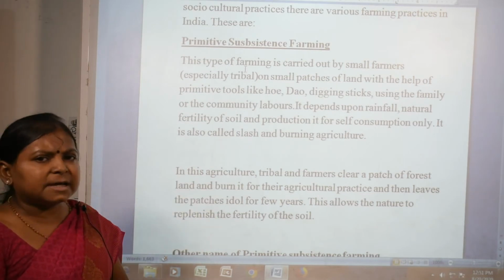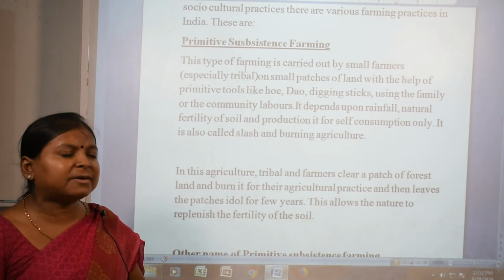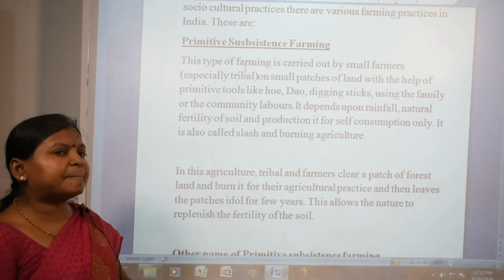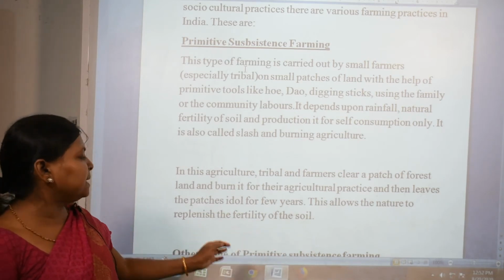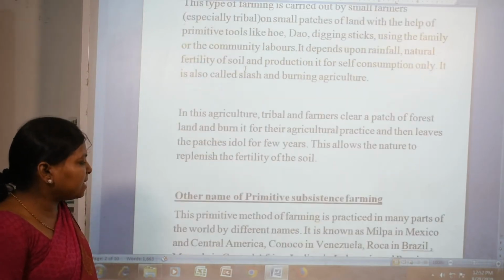In this agriculture, the tribals and farmers clear a patch of forest and burn that region for agriculture, and then they leave these patches idle for a few years, which allows nature to replenish the fertility of the soil.